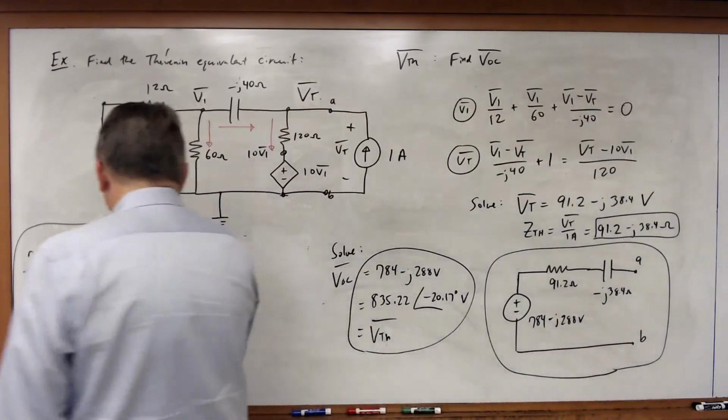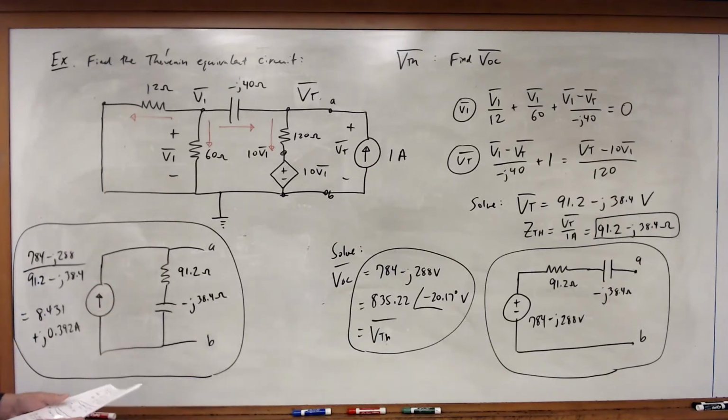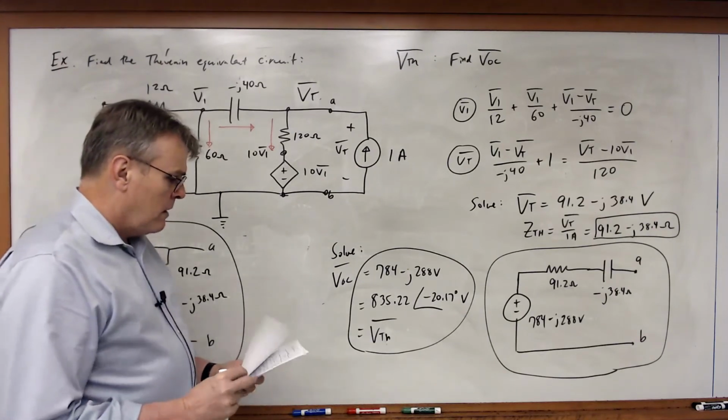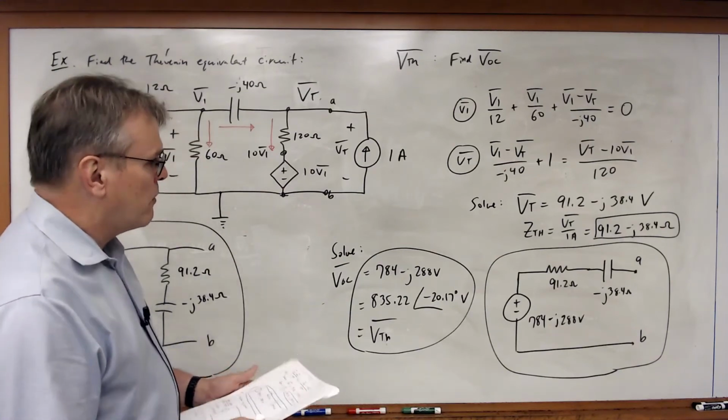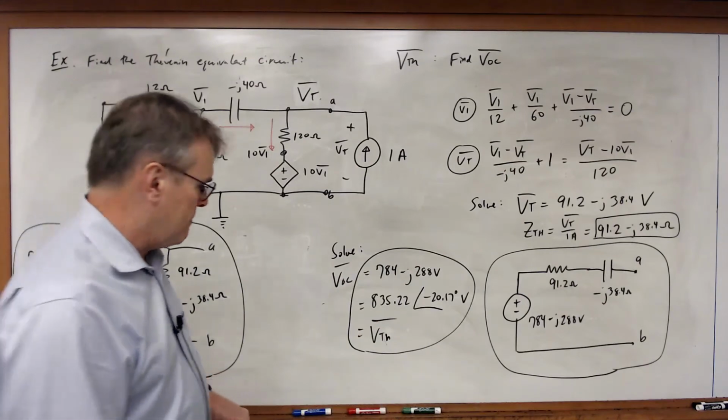If you were asked what the time domain equivalent circuit was, so for example, if you were asked to convert this into the time domain of the Thevenin equivalent, what would you get?